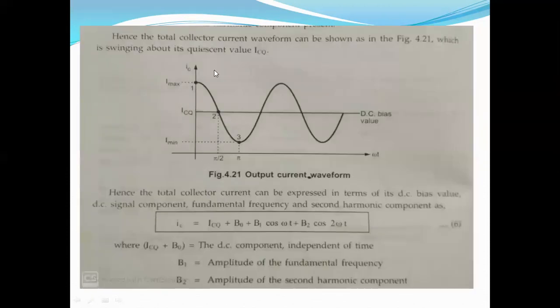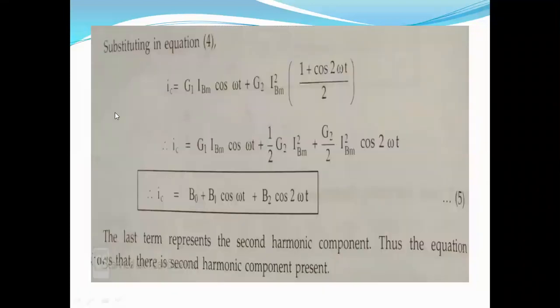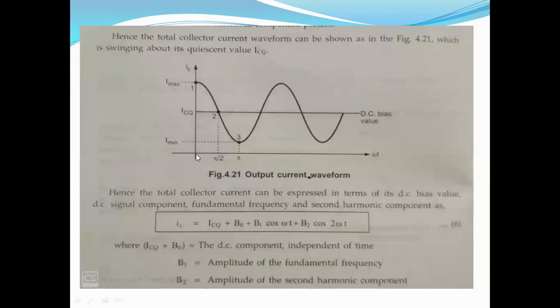Here, if you draw the collector current waveform, the output waveform for the analysis, this represents the total output collector current waveform. This is ICQ, this is the maximum current, this is the minimum current, and we are using 3 points only in order to find the distortion. 1, 2, 3: that is at omega t equal to 0, omega t equal to pi by 2 and omega t equal to pi.